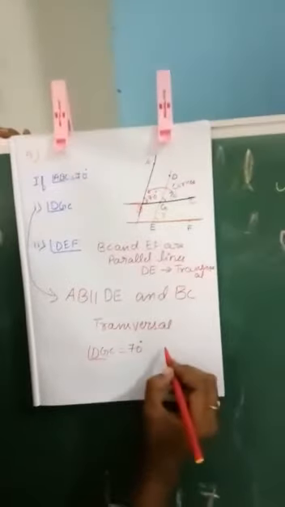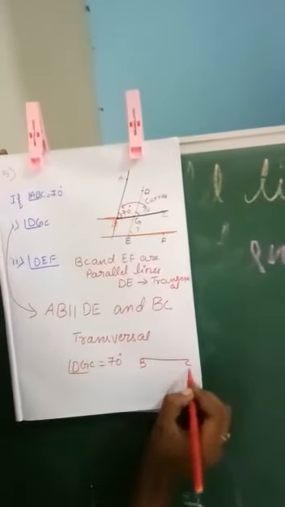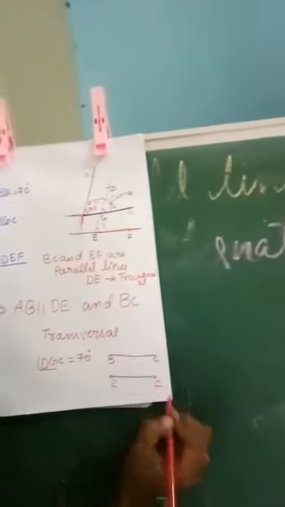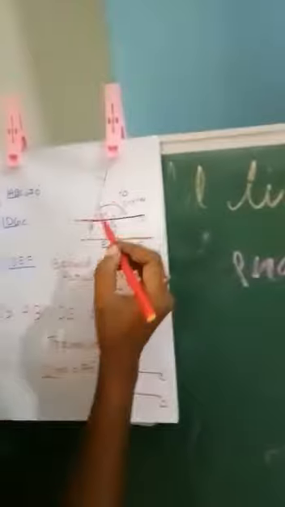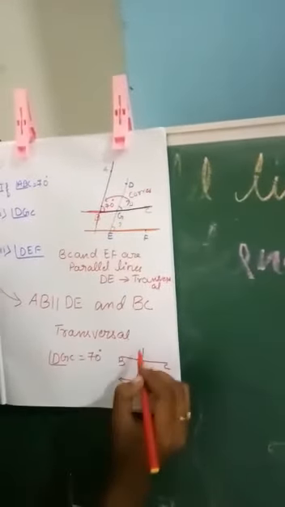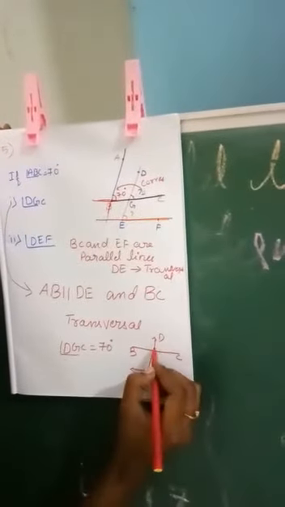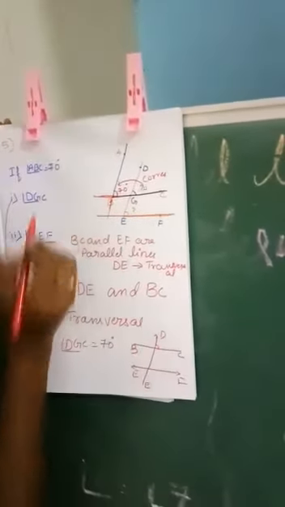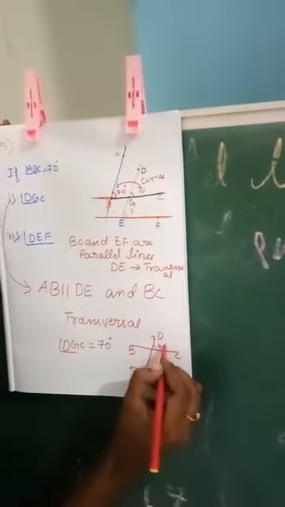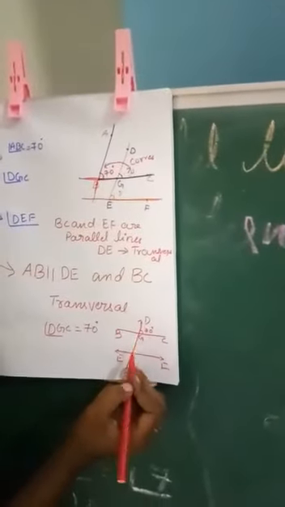Children, observe this one. BC and EF are parallel lines where DE is the transversal. So already we know the value of G: DGC is equal to 70 degrees. Now we have to find out GEF.